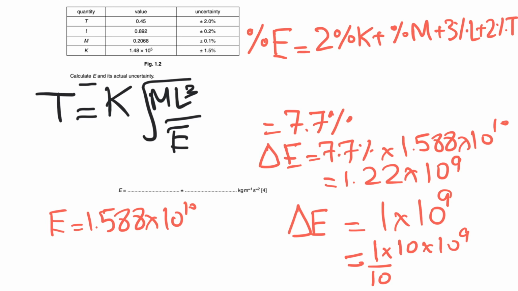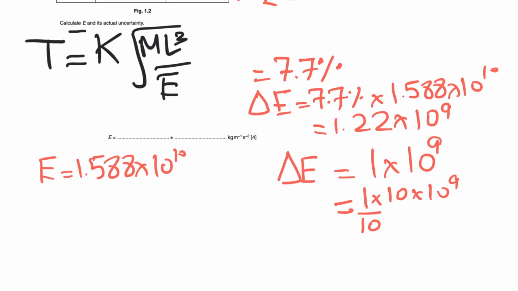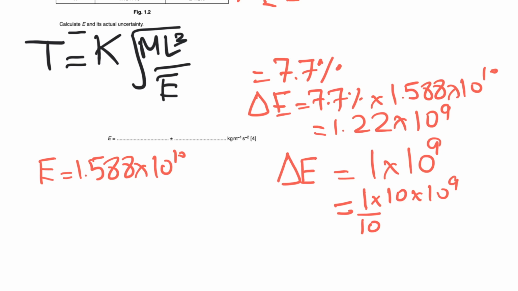But the advantage of doing this is that if you write it like this, then you end up getting 0.1 into 10 raised to the power 10. So your error is 1 SF and the powers have also matched. Now the last step is, I told you this, that look at the decimal places in the error. You should have the same number of decimal places in the value.